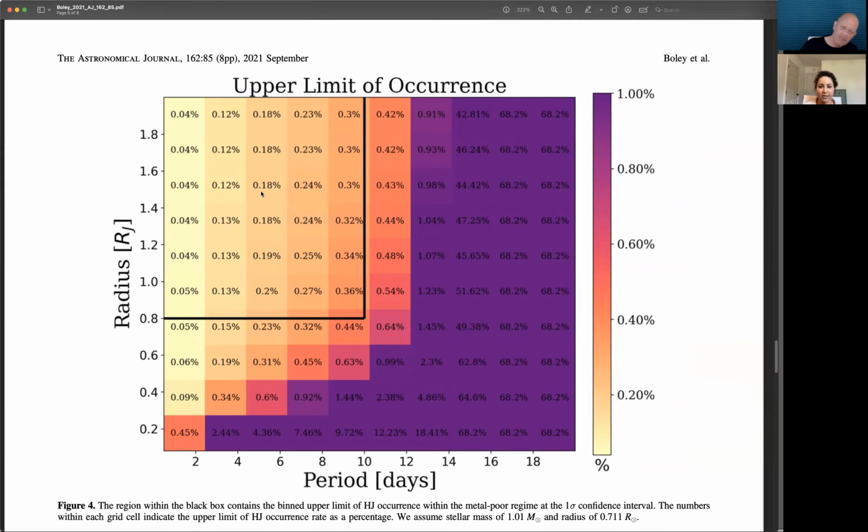which is extremely low. To give some context, around a solar-like star, it's around 1%. So it's not absolutely terrible for hot Jupiters, but it is low. So do we expect to see any sort of hot Jupiters in this regime?